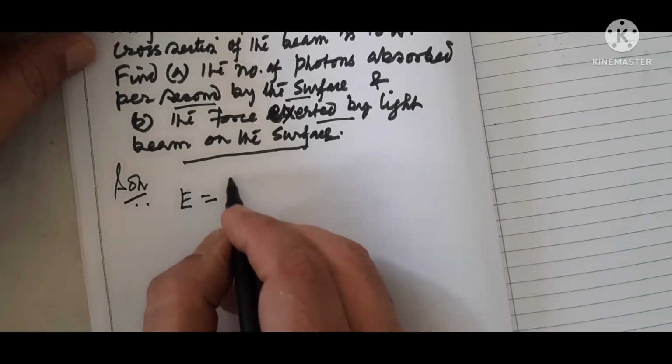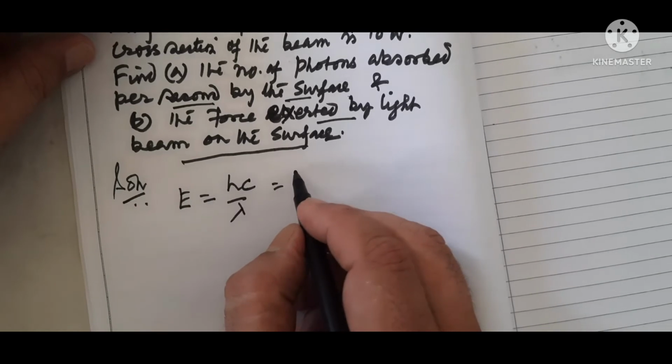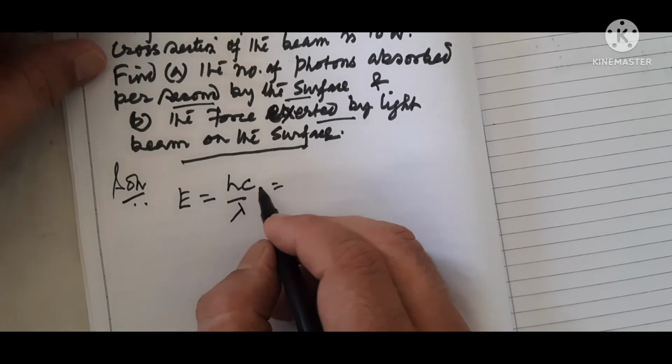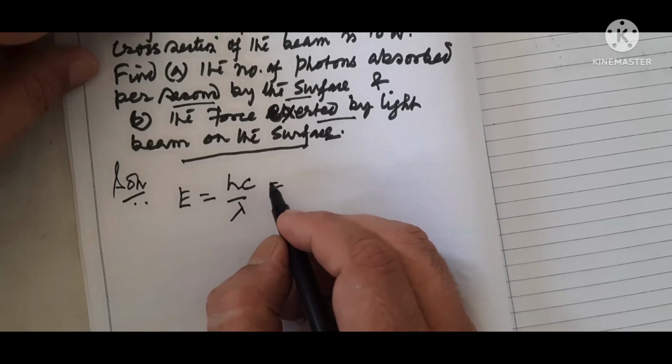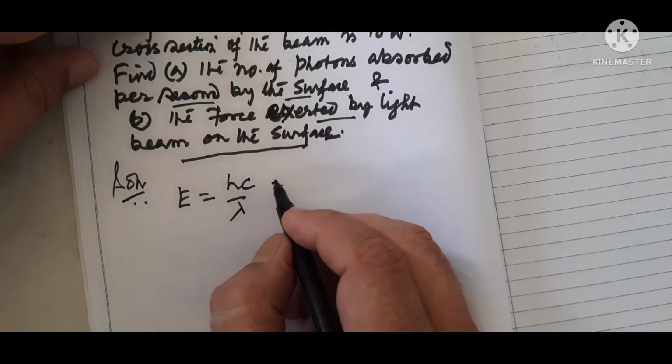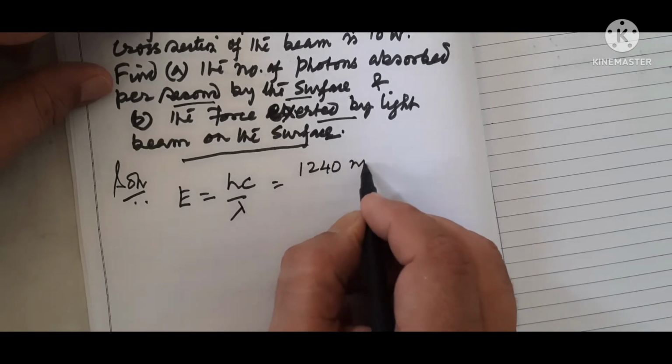First part: E is equal to hc by lambda. By putting the value of h and c, we will get it. Now hc, as I told you, is 1240 nanometer.